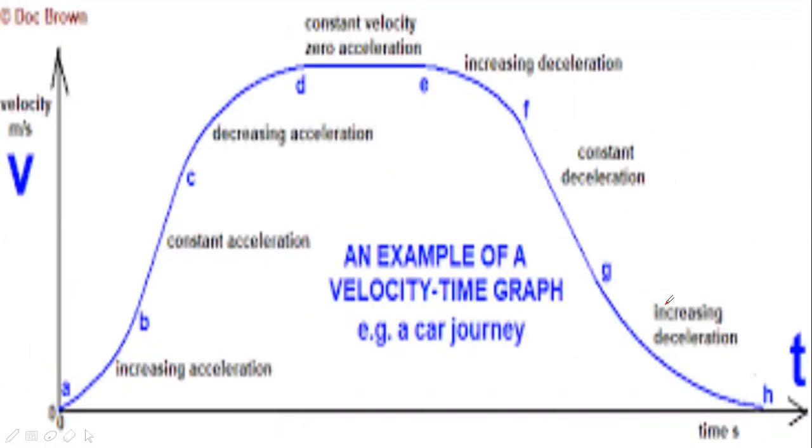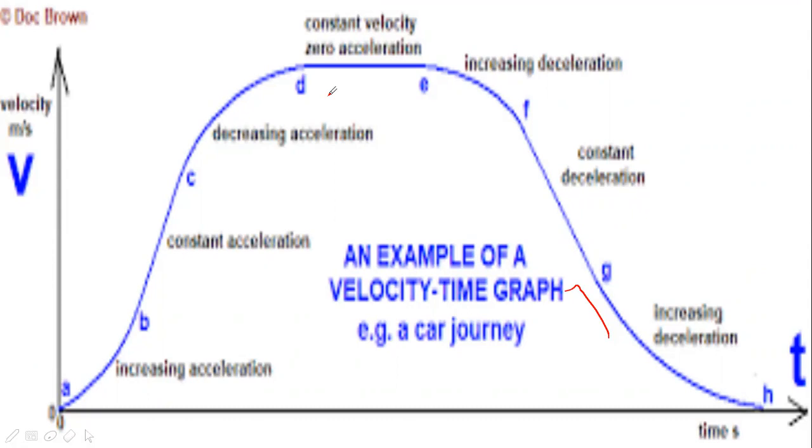This graph, you'll do it as a home assignment. The explanation is written here. Points A, B, C, D, E, F, G, H are given. You should state which type of acceleration is at that point; it is written in front of those points.